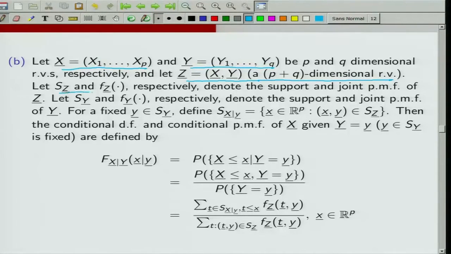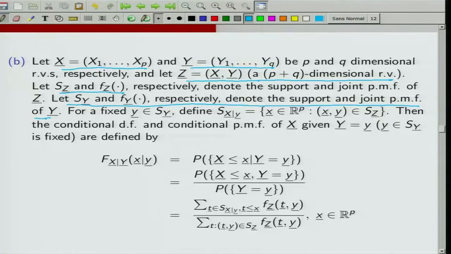Suppose S_Z and f_Z are the support and the probability mass function of Z. Now, if Z is discrete, then we know that the marginal distributions of X and Y are discrete.